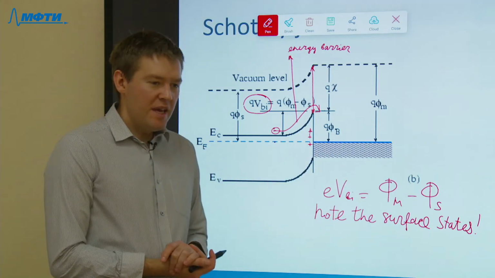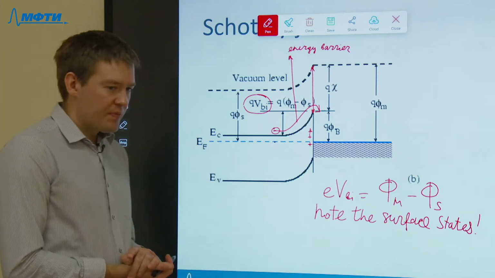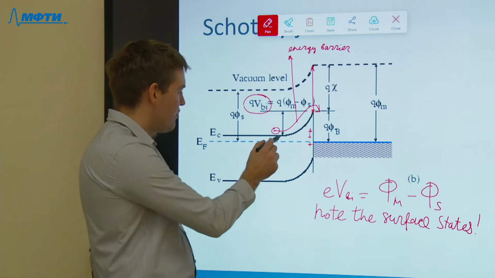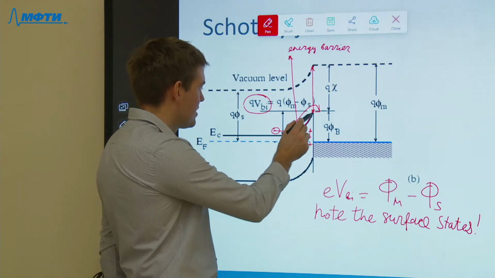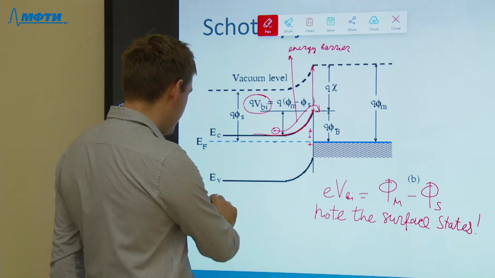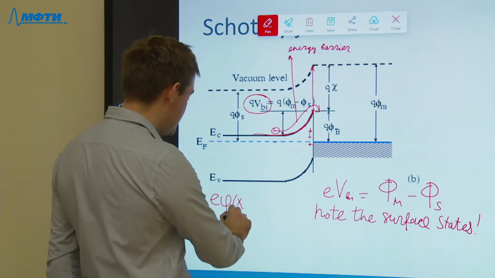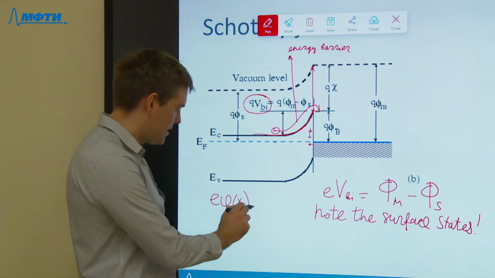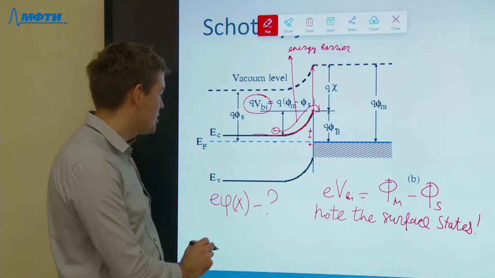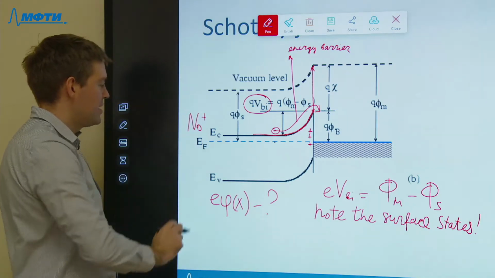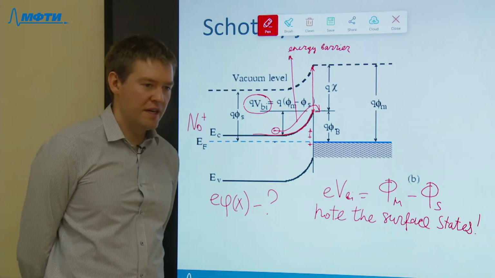So what will be our next goal? Our next goal would be to find the form of this potential energy profile, or the shape of the dependence of potential with respect to coordinate when we make such a junction, if the semiconductor is initially doped to the donor density N_D+.